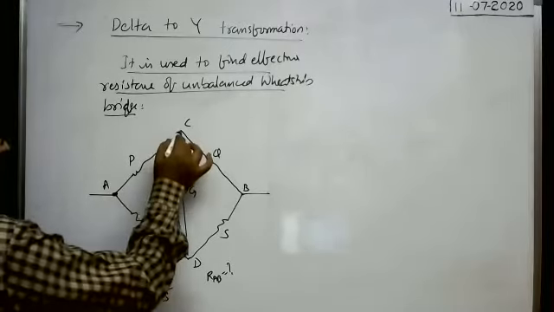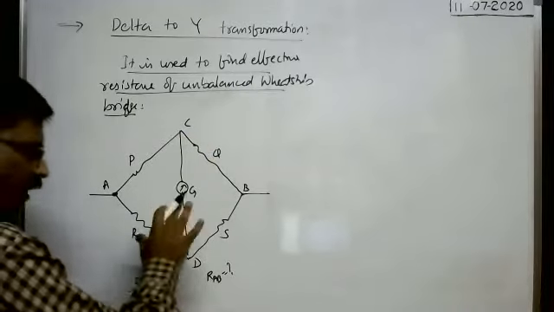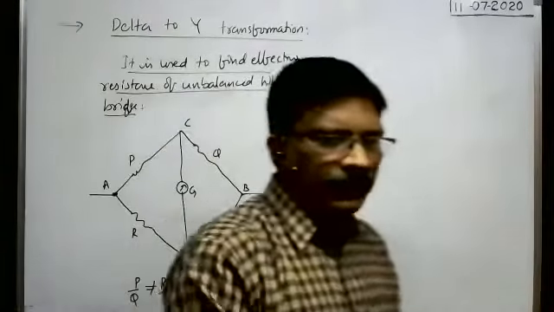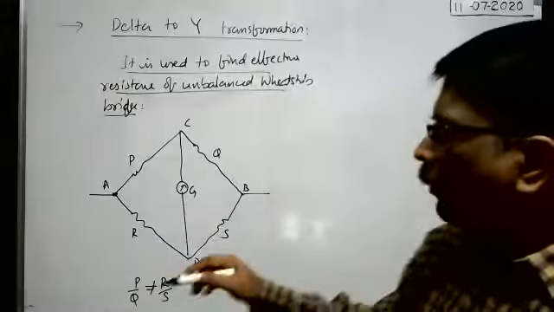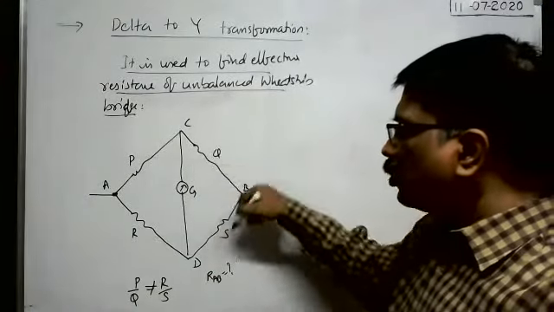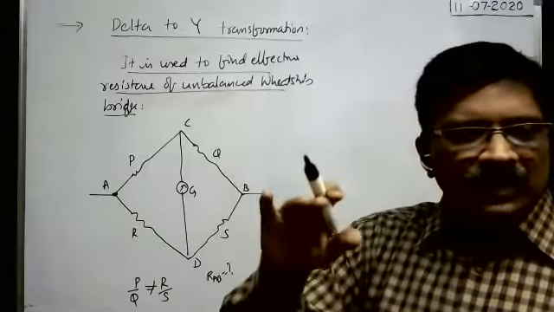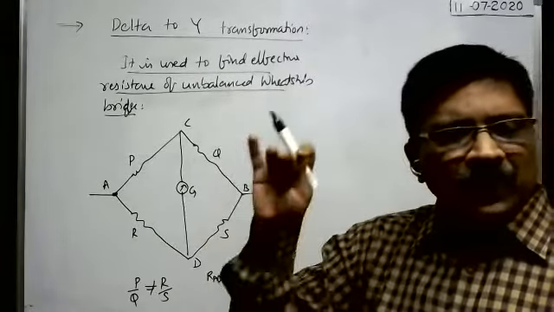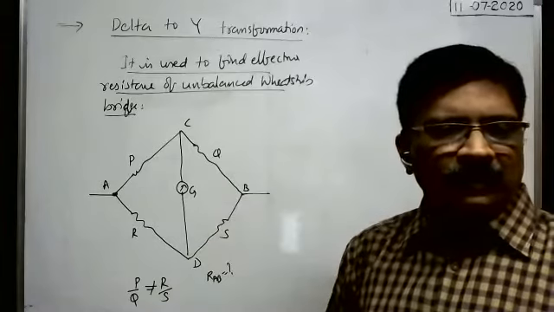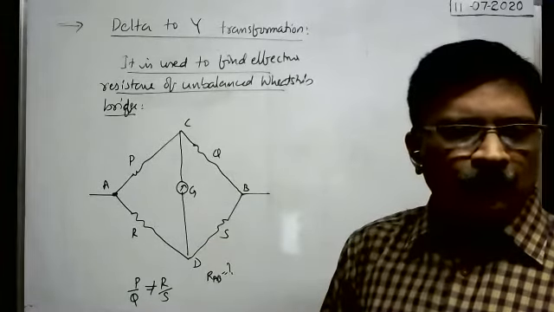This I1 current when it reaches the junction is divided into two parts. In such a way, the currents are divided into different parts, and applying Kirchhoff's second law for various loops, this loop and this loop like that, we got three equations and we solved them. In such a way, we have done the problem.